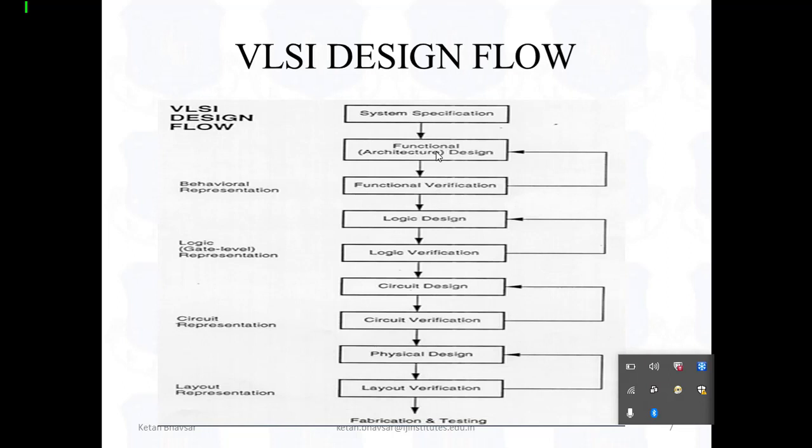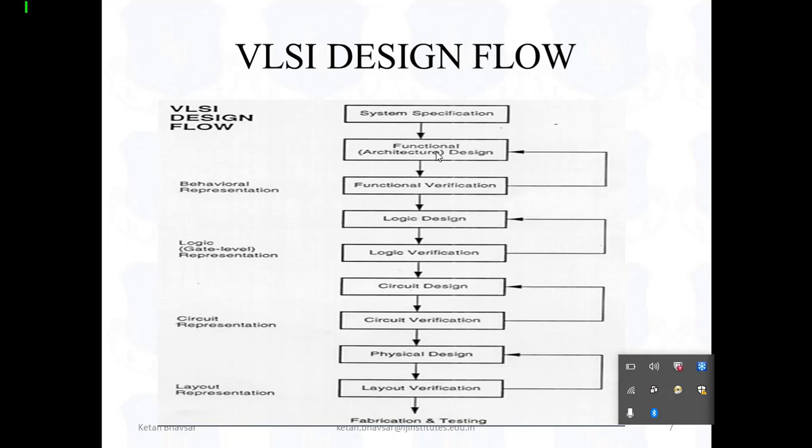If the functional design does not work properly, if the logical design does not work perfectly, if the circuit design does not work perfectly, then your output will not be generated, or your prototype or project will not run successfully. So verification plays a main role at each and every stage.